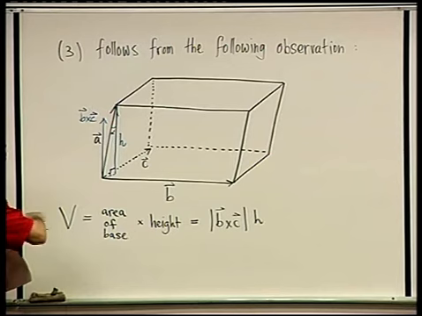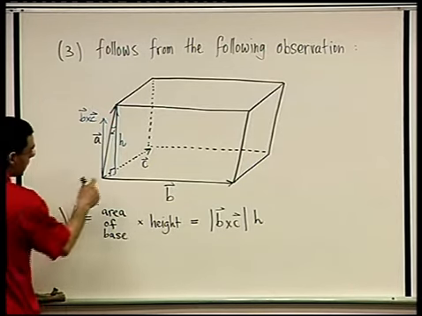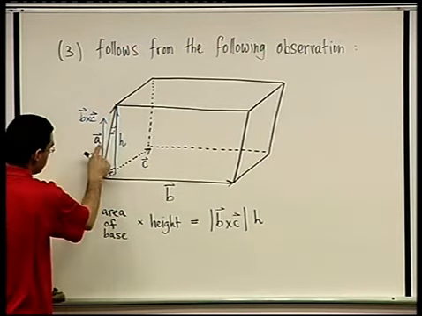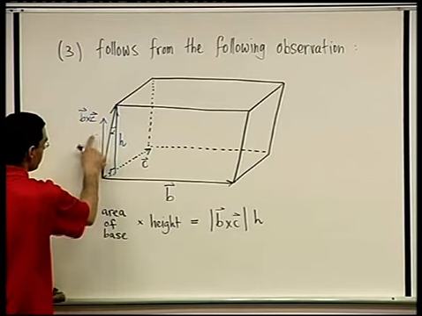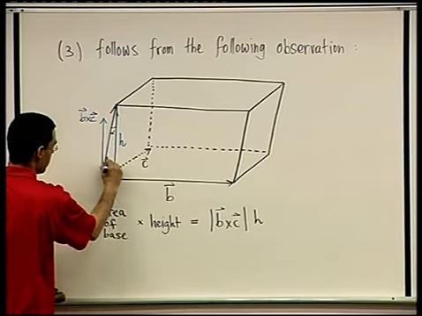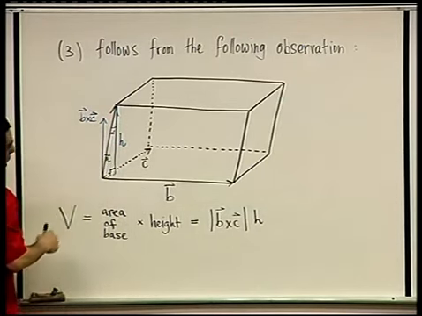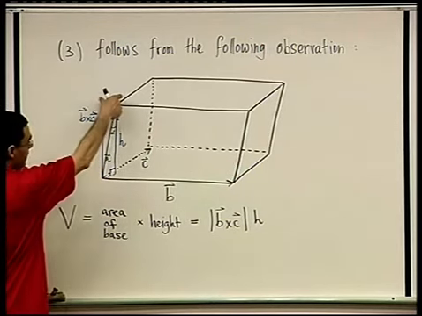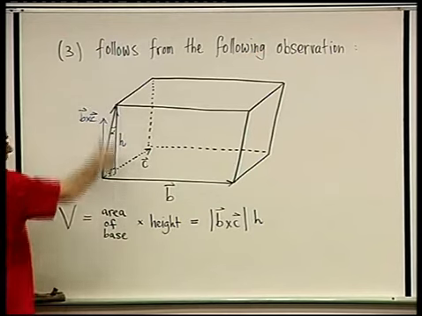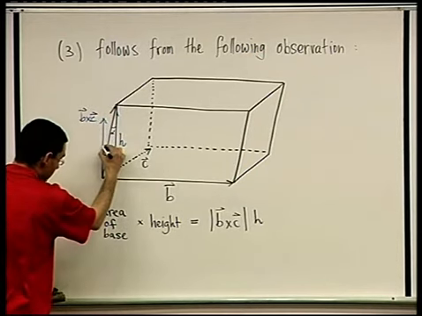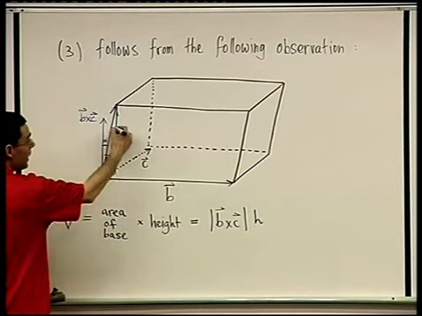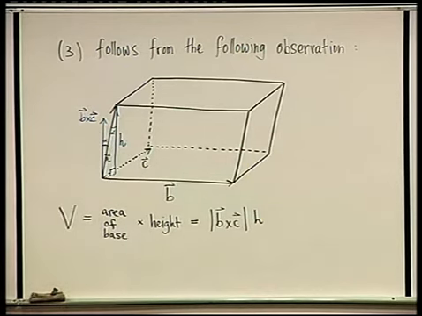Now, do you agree, from basic geometry, that since B cross C and H are parallel, this angle here, alpha, and this angle here, alpha, are the same?